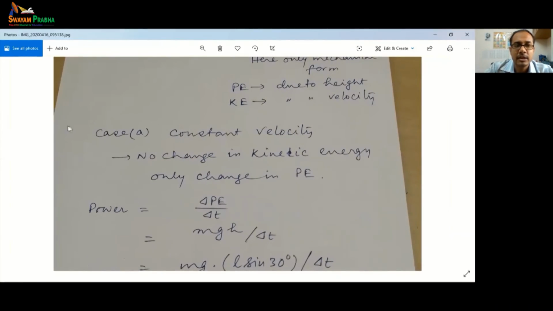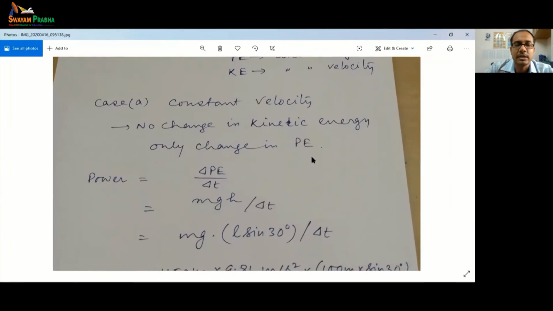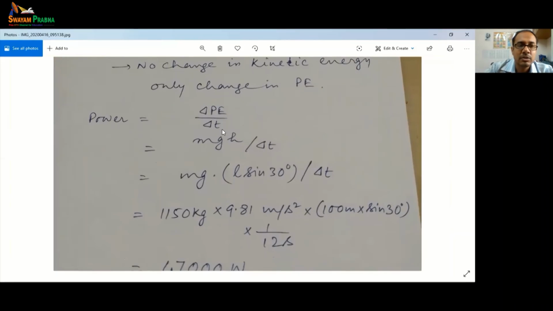Now let's take case 1, where the velocity is kept constant. If the velocity does not change, then there will be no change in kinetic energy. Only the potential energy will change because you have a change in height. Just by using the definition of power, we can write that it will be equal to the change in potential energy divided by the time.